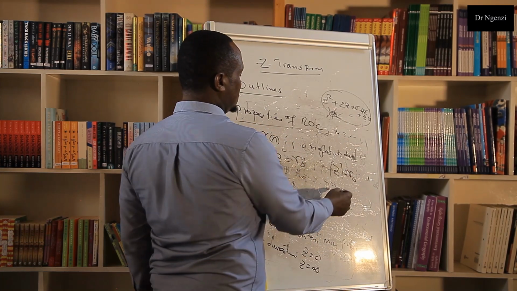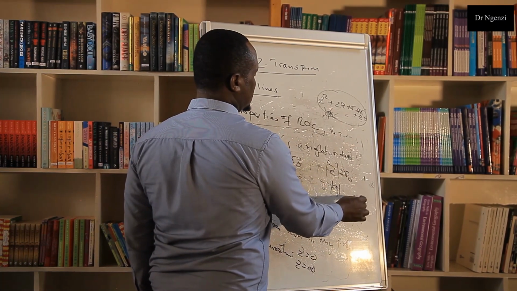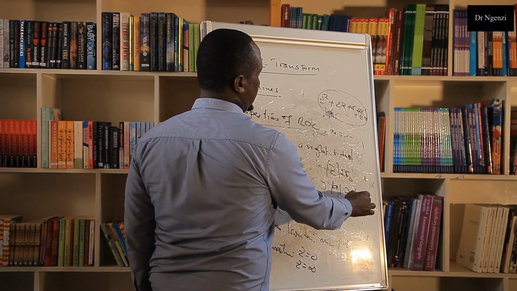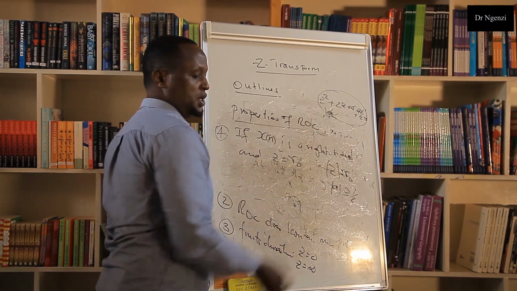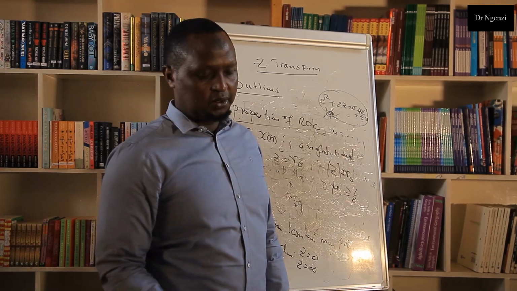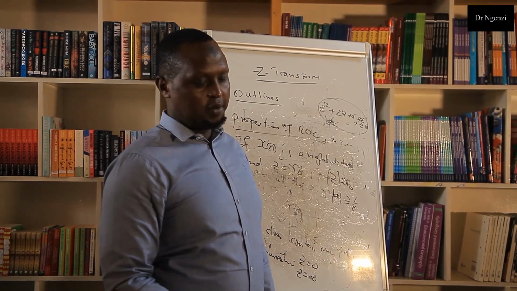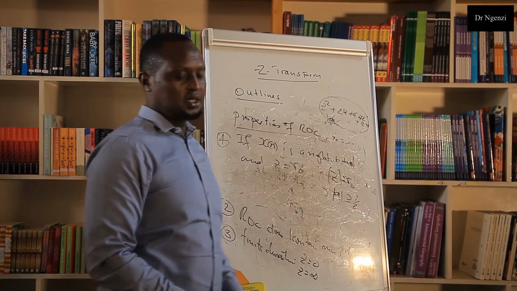Remember when we calculated, for example, with a less than half, the magnitude can be the region of convergence at this stage.